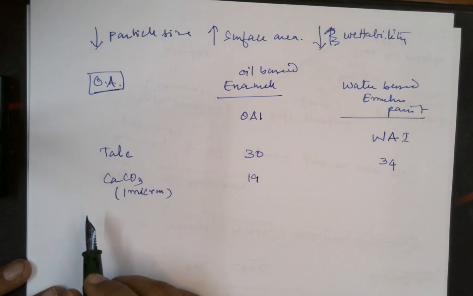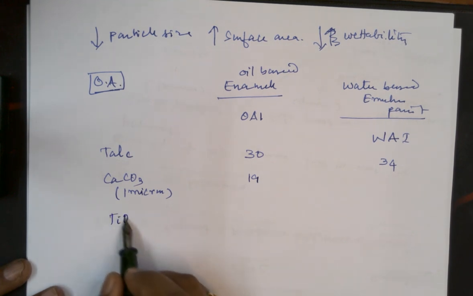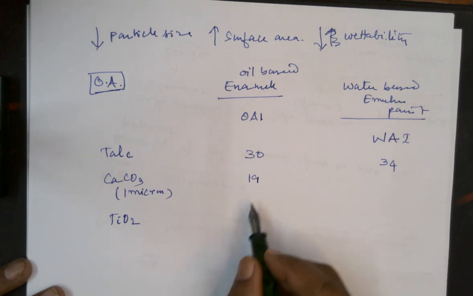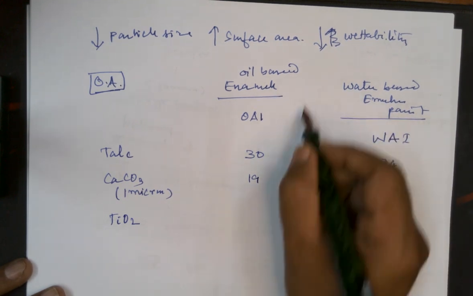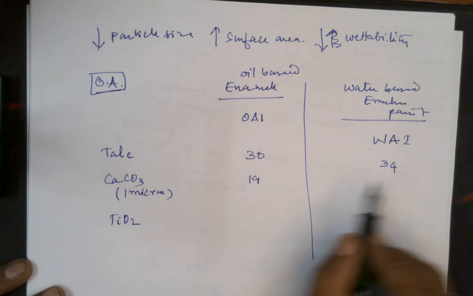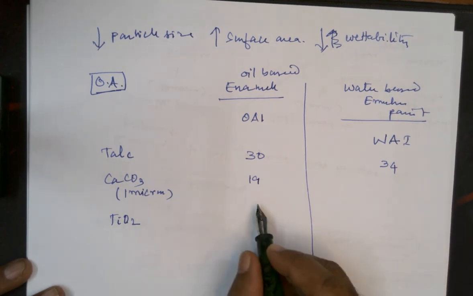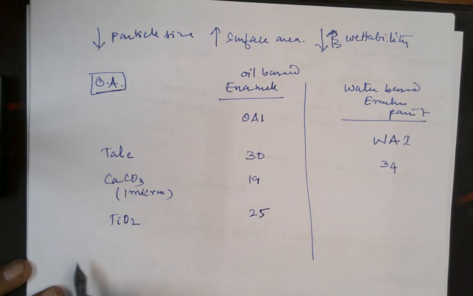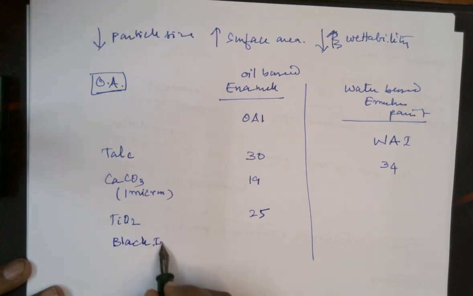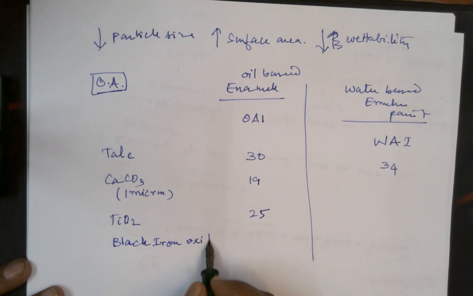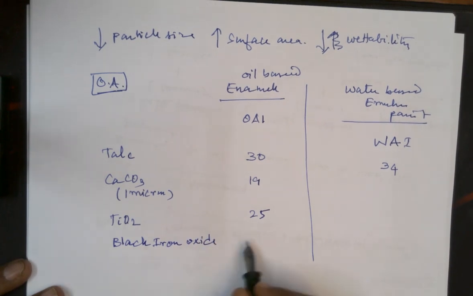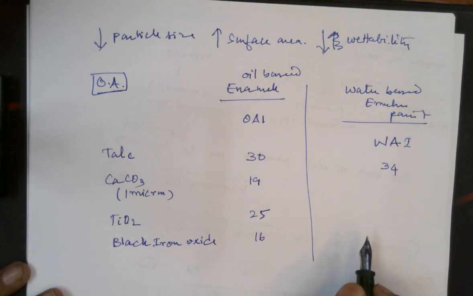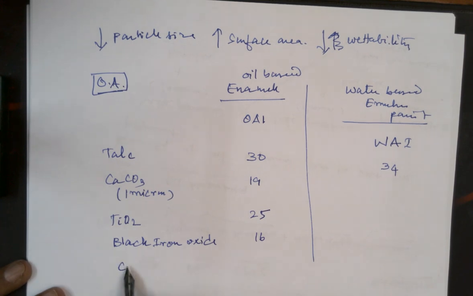And titanium dioxide, TiO2, its oil absorption is around 25. Then black iron oxide, for which it is 16 is the oil absorption. And similarly for chrome oxides, it will be 10.